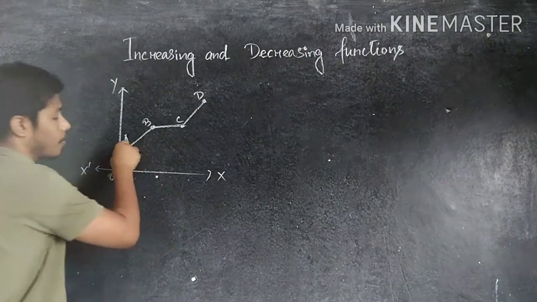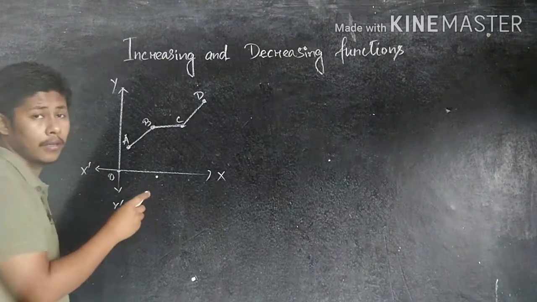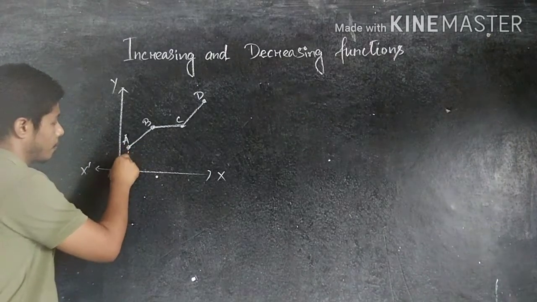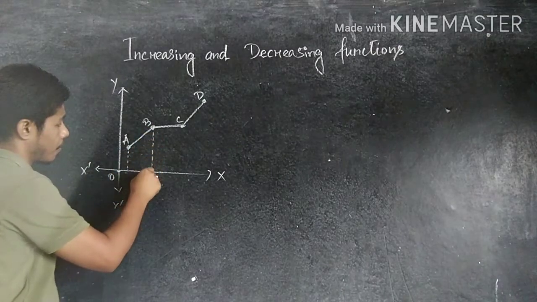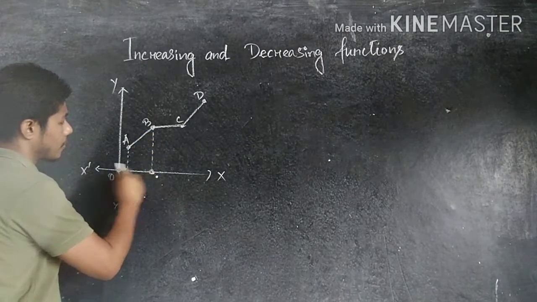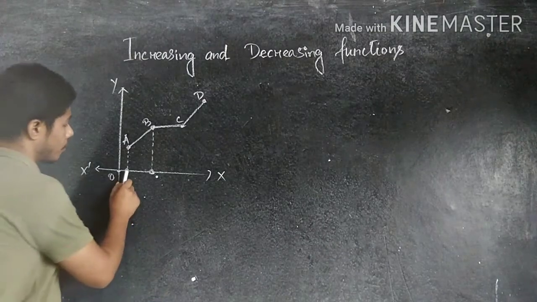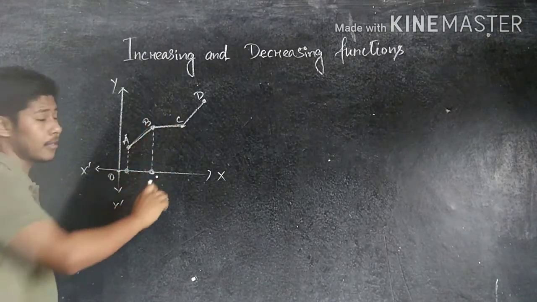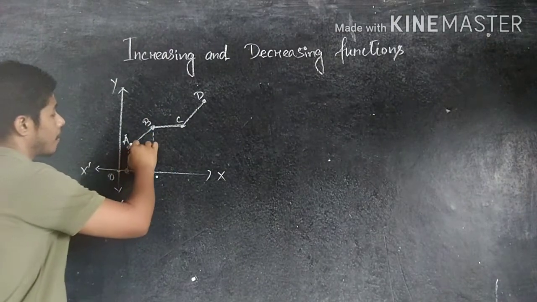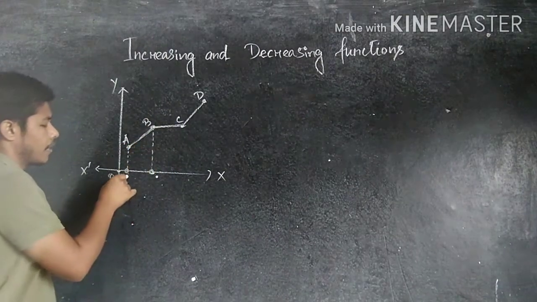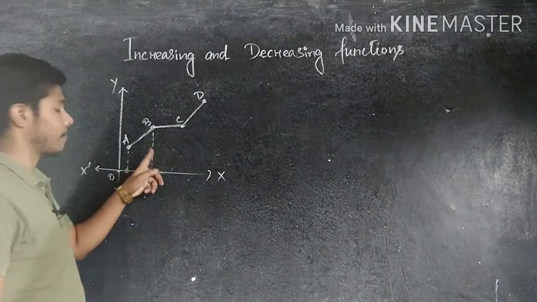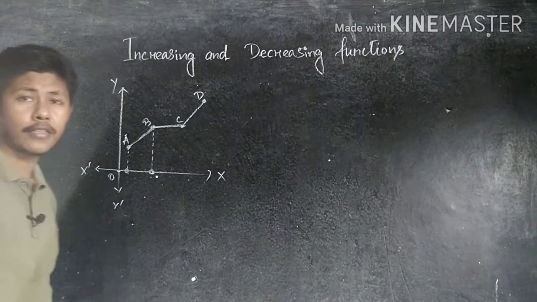Now from A to B, if we draw the perpendicular, you see the curve increases or not? If the curve increases, obviously if we consider x1 and x2, then f of x1, f of x2, as we already discussed in the strictly increasing function.